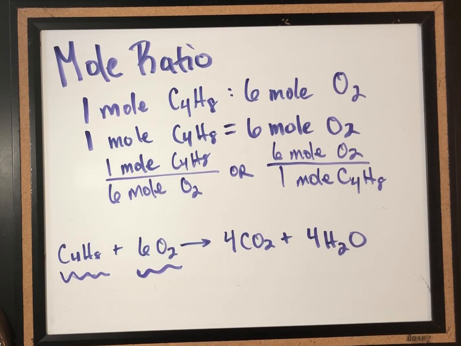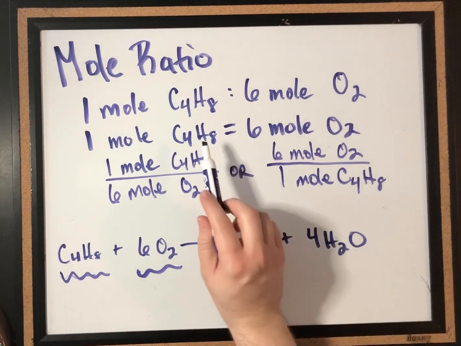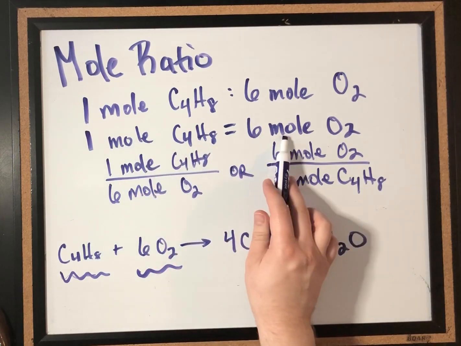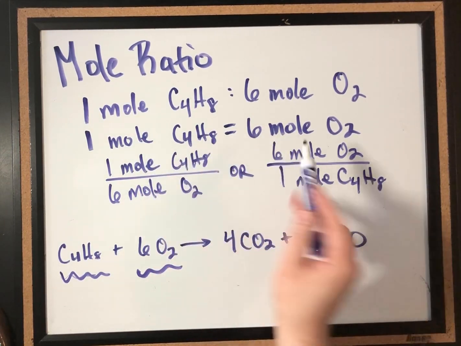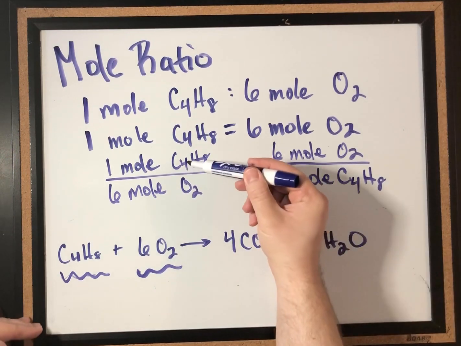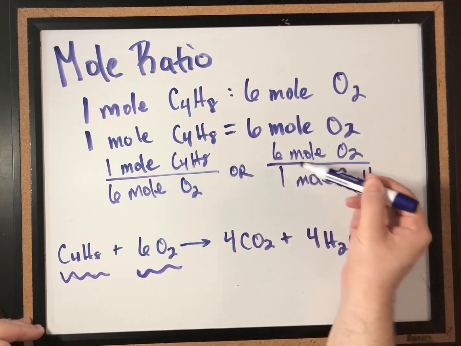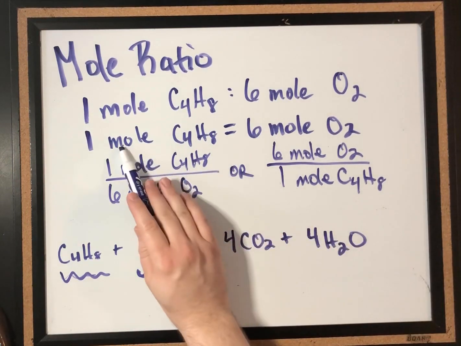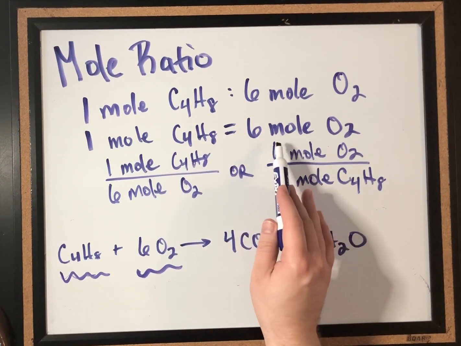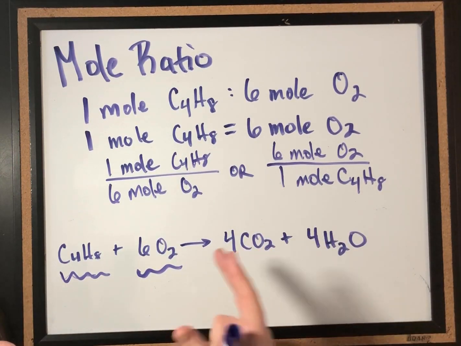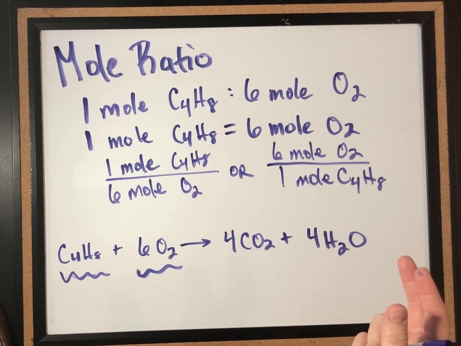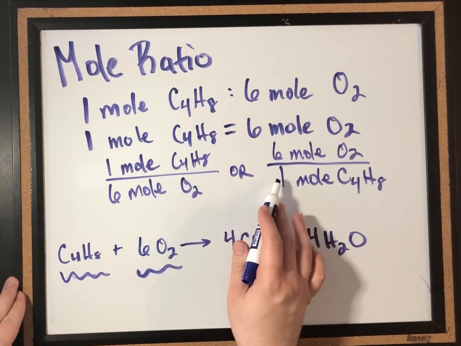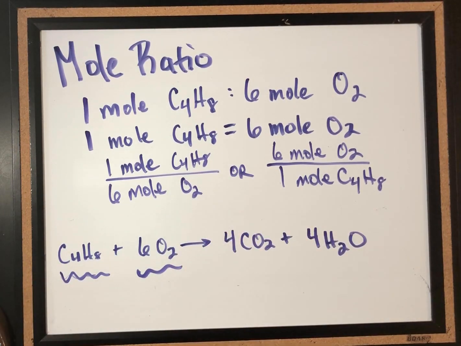If you remember, just back from regular conversion factors, when you set something equal to each other, you're making a statement that these two are of equal quantities. So when you divide them by each other, they essentially equal 1. And it doesn't matter which goes on top or which goes on the bottom. Because if we're saying that they're the same, they're equal to each other, if you divide the same thing by itself, it always equals 1. That's why each of these conversion factors could work depending on what your problem is.